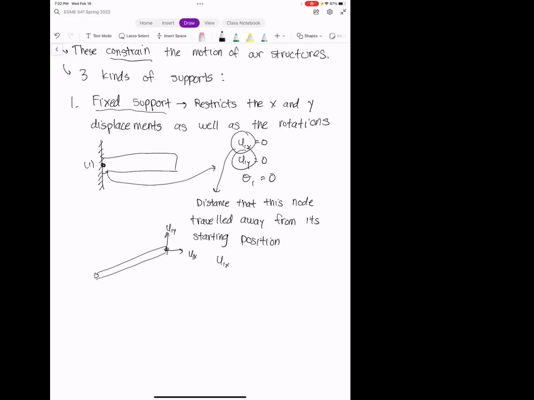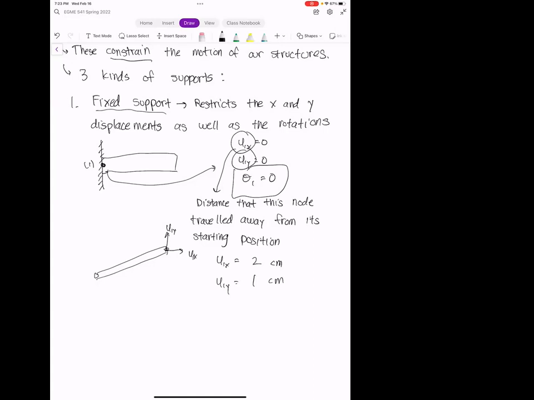If we say that U1x is equal to 2 centimeters and U1y is 1 centimeter, that means after the load is applied, that point is going to move to the right by 2 centimeters and up by 1 centimeter. I use displacement as the more exact term for it that's used in the literature, but displacements and deformations mean the same thing. The thing that's different here is rotations, which I think is the new one.